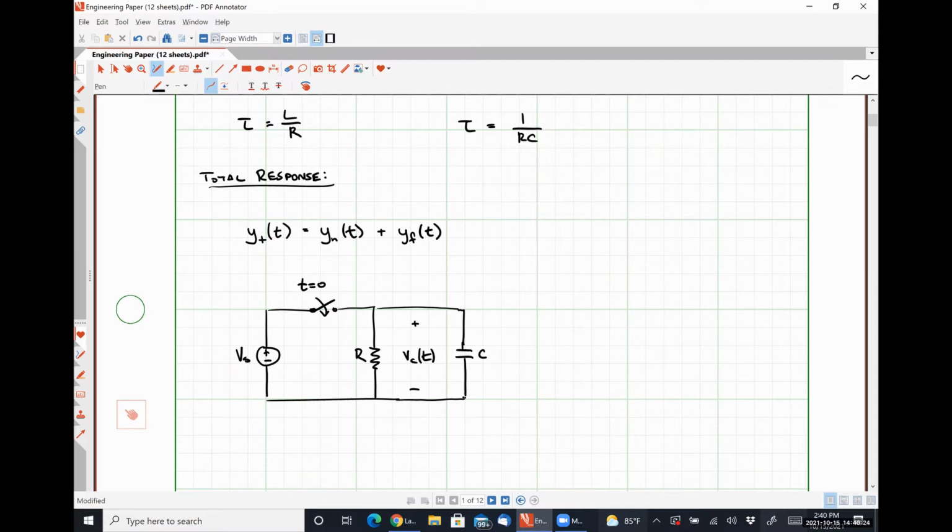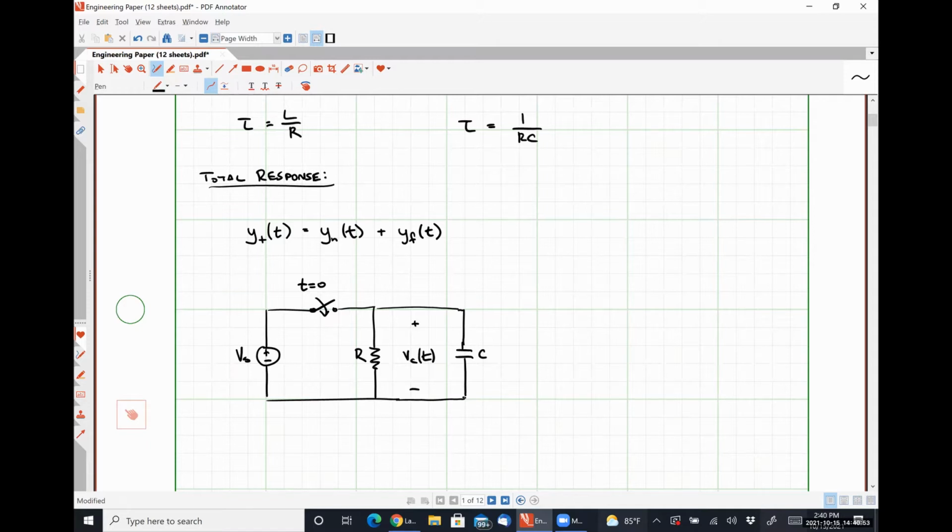What our forced response represents is the value of this quantity of interest at t equal to infinity. So what I mean by that is it is the value of that voltage when it is being forced or excited by that voltage source. So if we look at this circuit and we analyze it from a transient perspective, right?